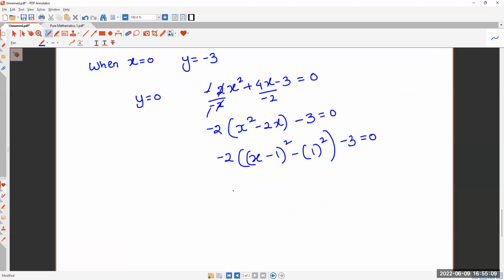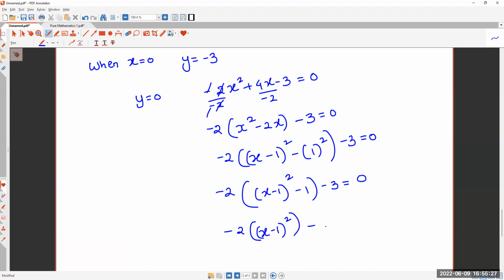Now again minus 2 into x minus 1 whole square minus 1 minus 3 equals to 0. Now start opening the bracket. If you open the bracket, minus 2 x minus 1 whole square plus 2 minus 3 is equal to 0. Why plus 2 by the way? Because minus 2 into minus 1 is plus 2.